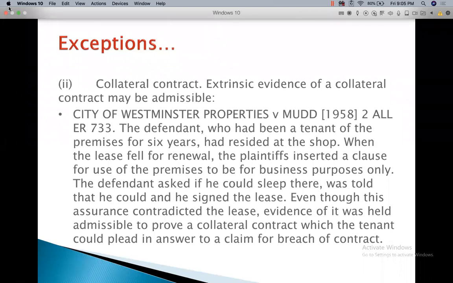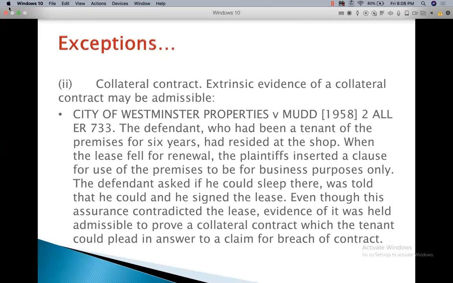In the course of time, the lease expired and there was a need for renewal. When the lease was renewed, the property owner, that is the plaintiff, inserted a clause for use of the premises to be for business purpose only.